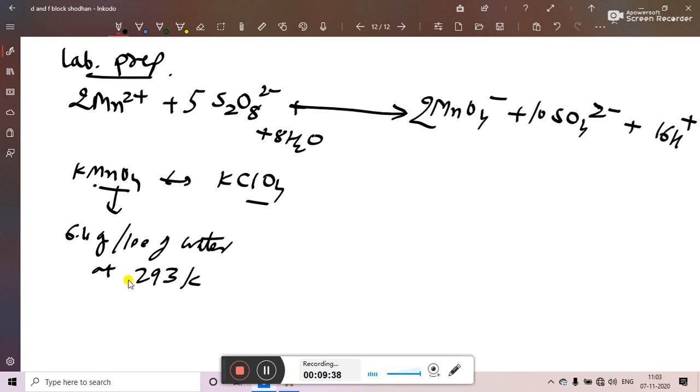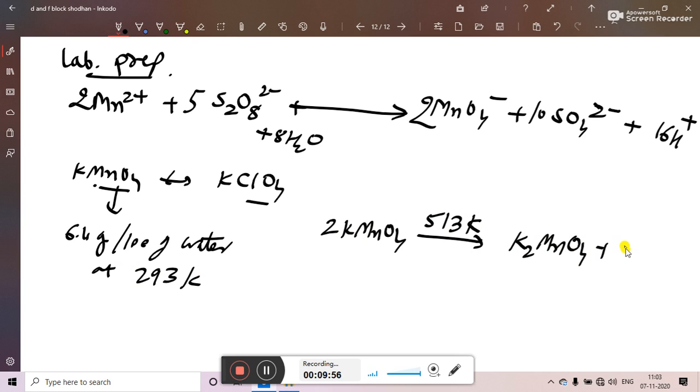But when heated at 513 Kelvin, it decomposes to form potassium manganate along with MnO2 and O2.